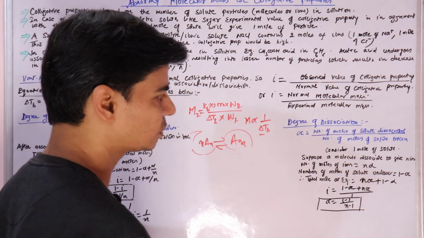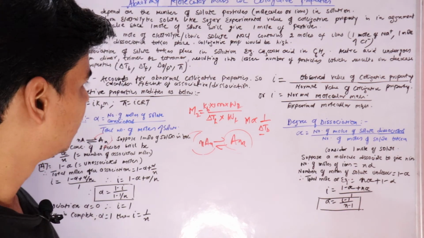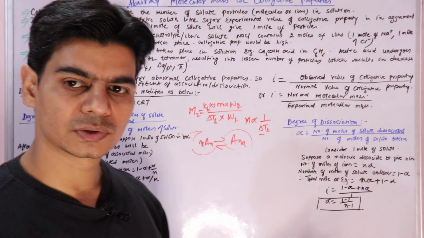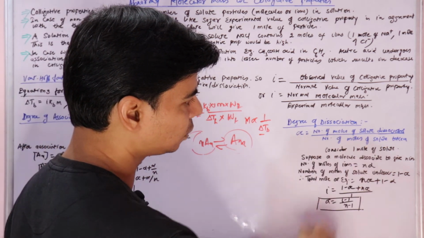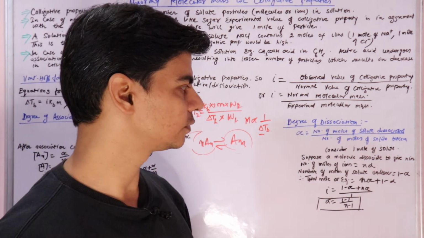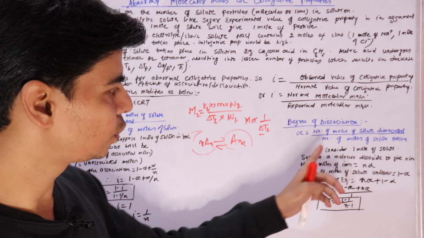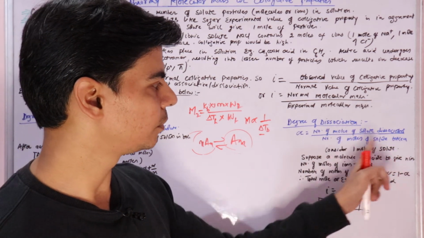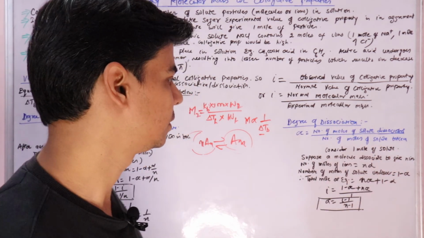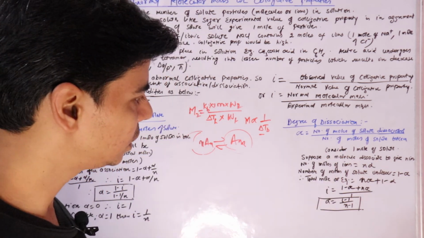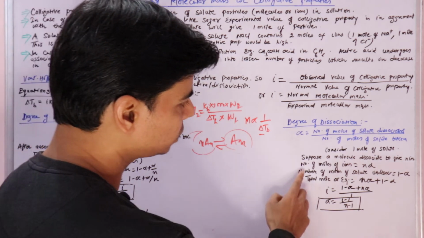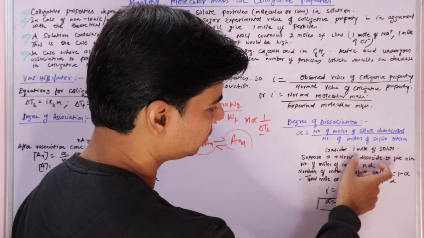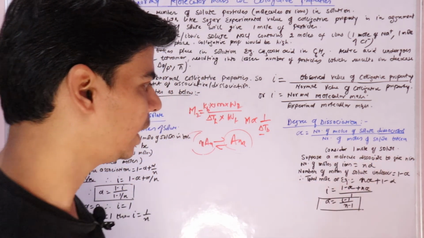Similarly, like we have discussed the case of dissociation, the degree of dissociation would be the number of moles of solute dissociated upon the number of moles of solute taken. So, considering 1 mole of solute in solvent like we have done in this case, suppose 1 molecule dissociates to give n ions.